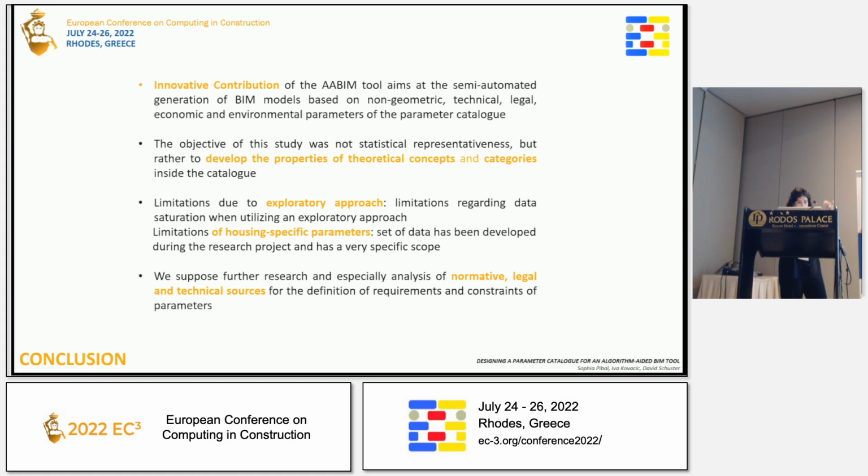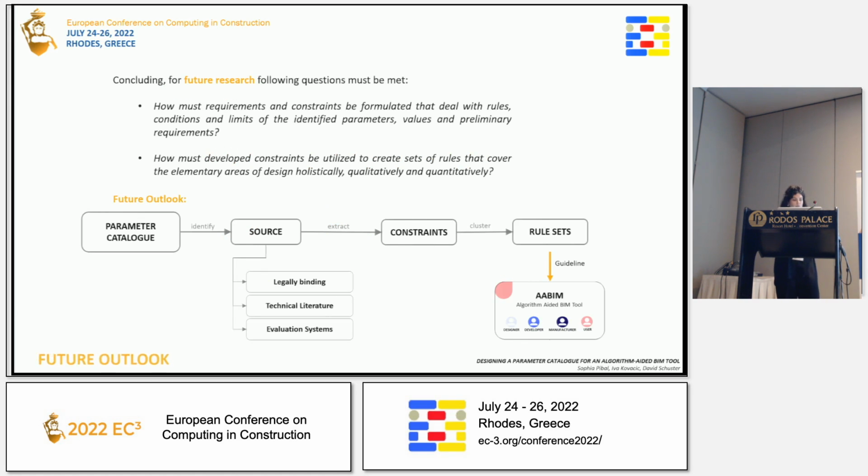And because of these limitations and what we found, we suggest further research, especially in the analysis of normative, legal, and technical sources for the definition of the requirements and the constraints of the parameters that we identified and found. So the following questions are what we're trying to answer in future research.